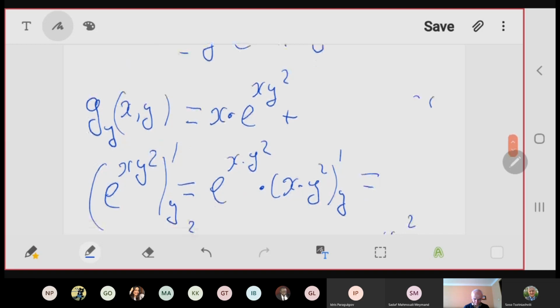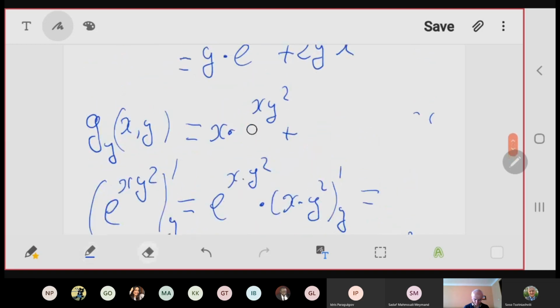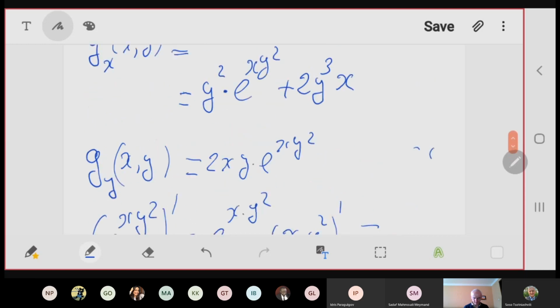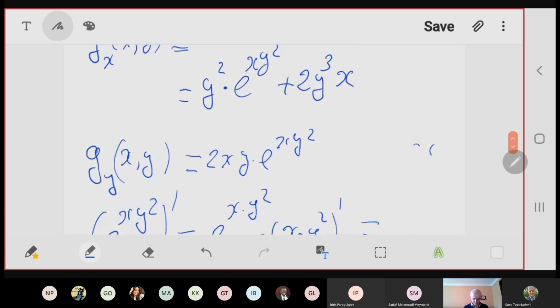Okay, so let me correct this mistake. So we have 2 times xy times e to power x y square. Okay, and what is the next derivative?